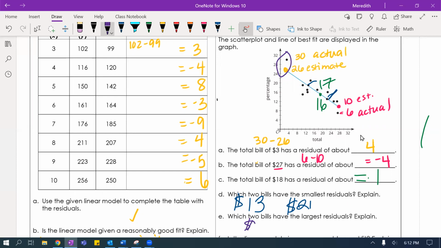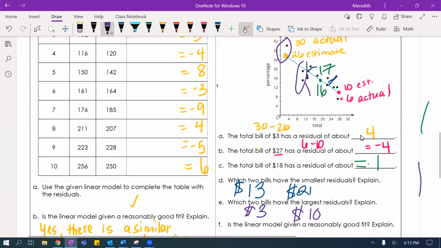So that would be one, the total bill of $3, as well as this right here. This residual is pretty far away from the line. It looks to be at about $10 as the bill. This also looks pretty far away. It looks like it's at about 15, and the line is, I don't know, 20. So that's pretty spaced out there.